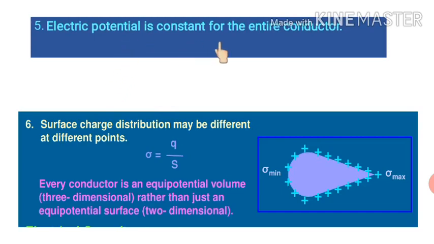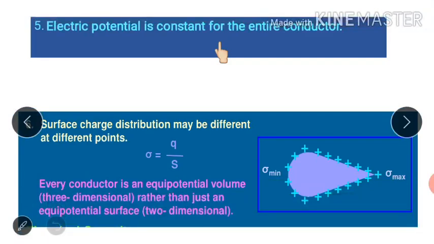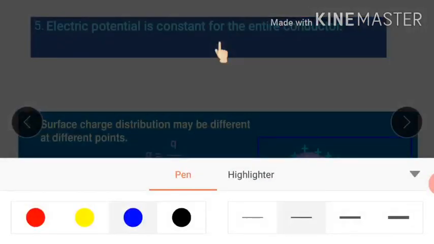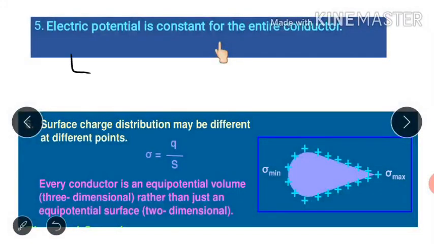Next we have: electric potential is constant for the entire conductor. Now how can we say that? Again, we have discussed that E is the negative gradient of potential.